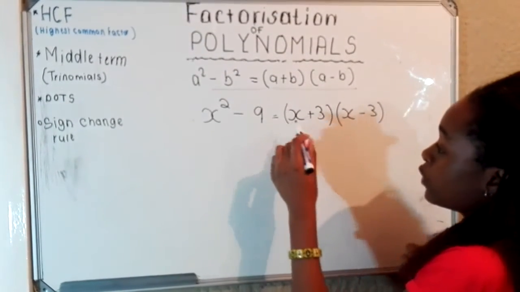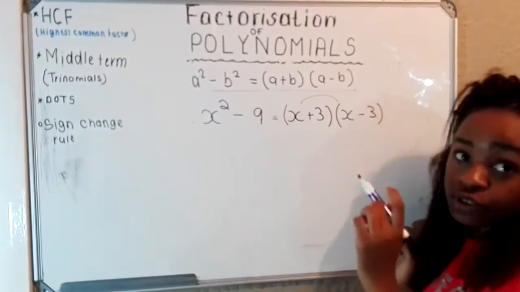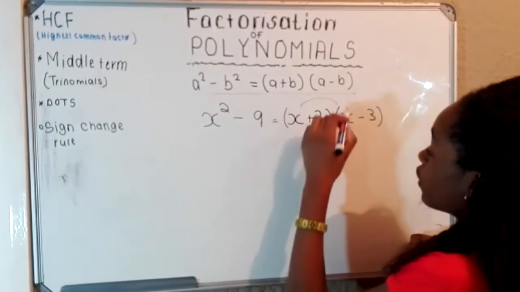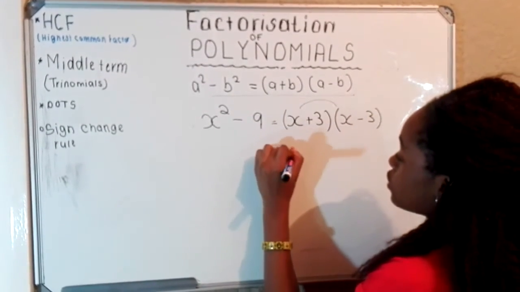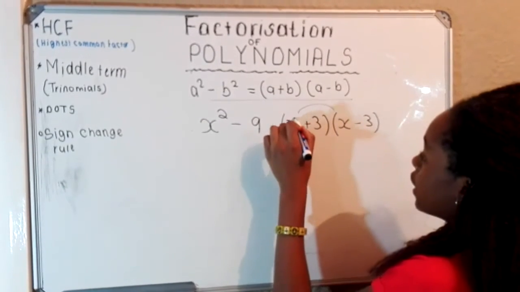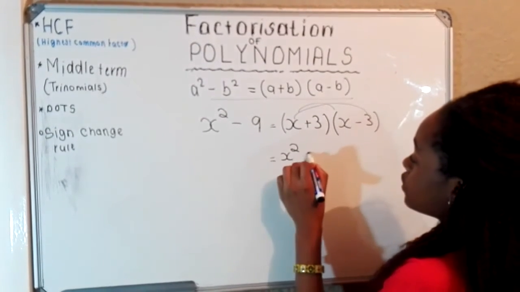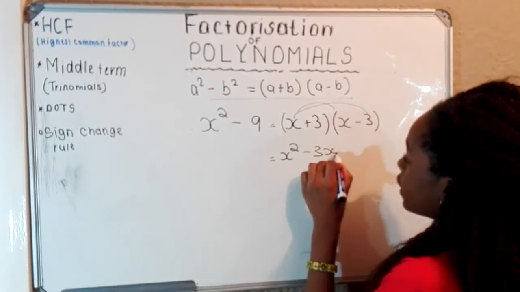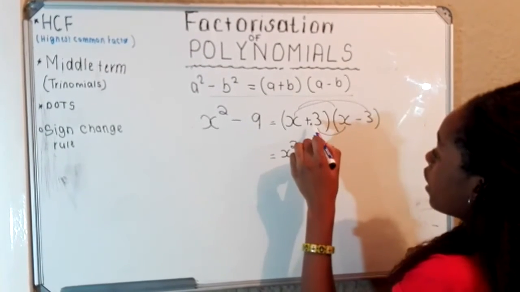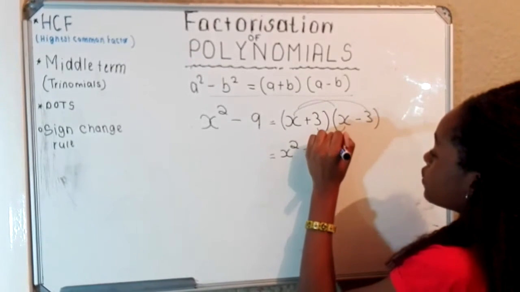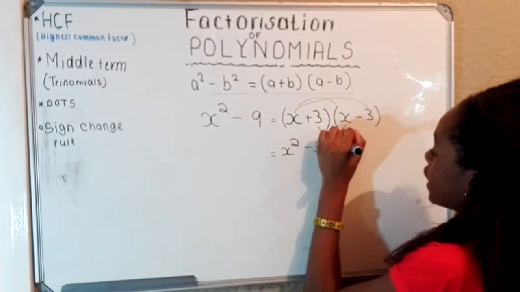So if we have to check it, we can FOIL it to check if our answer is correct. So if we FOIL it, we'll have x times x gives you an answer of x squared. And then x times minus 3 gives you an answer of minus 3x. And then 3 times x will give you an answer of plus 3x.